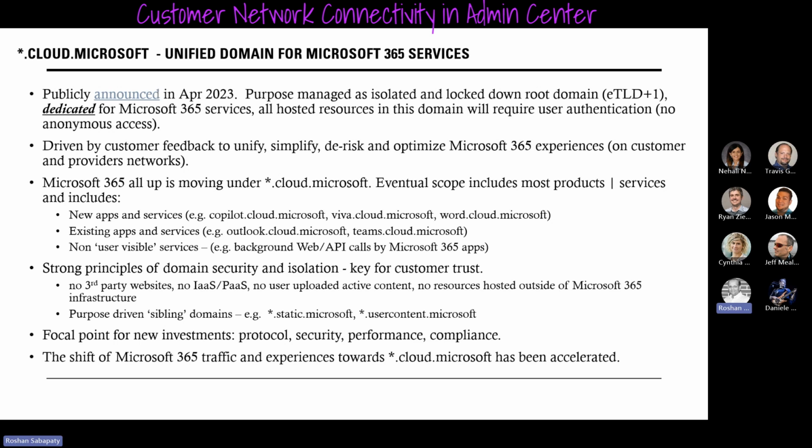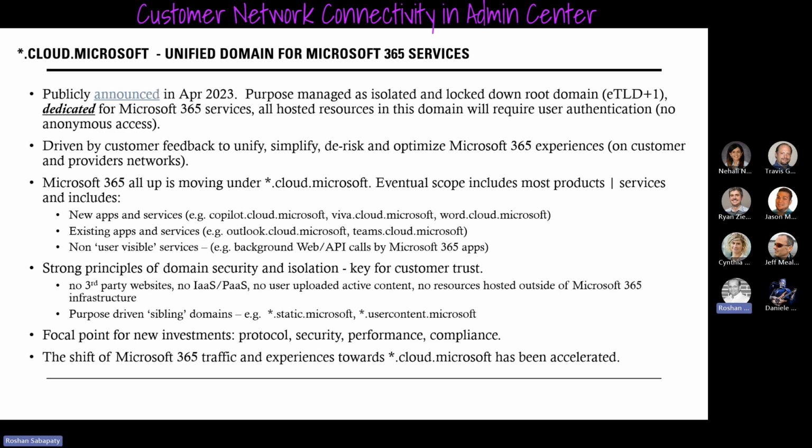This is necessary for our customers to treat Microsoft 365 traffic with a certain level of trust. Jeff touched on this while discussing the fourth connectivity principle, especially the recommendation around not breaking and inspecting the Microsoft 365 traffic at the network layer.